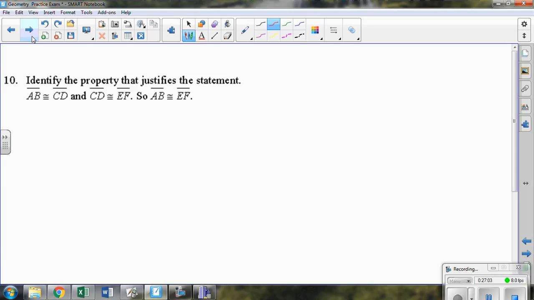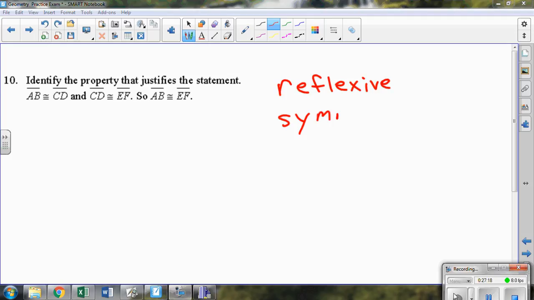For question number 10, which property is getting used? You ought to recall the three different properties we were searching for were the reflexive, symmetric, and transitive.